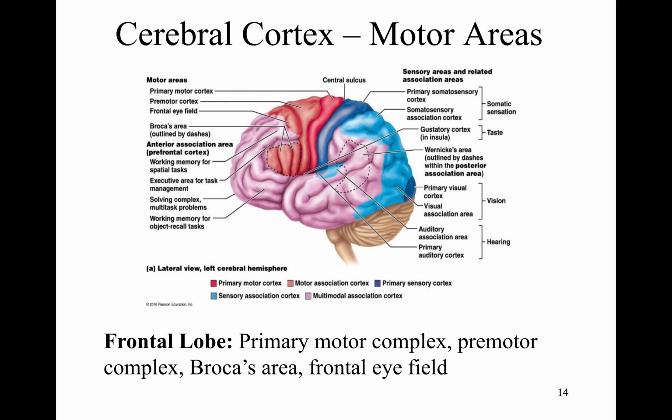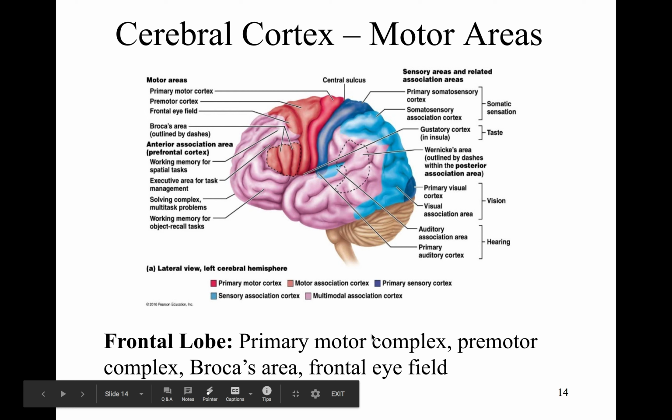So first we'll focus on our motor areas. The motor areas are located on the frontal lobe. So all of our motor areas are located on that frontal lobe. There are 4 motor areas. There's the primary motor complex, the premotor complex, the Broca's area, and the frontal eye field.